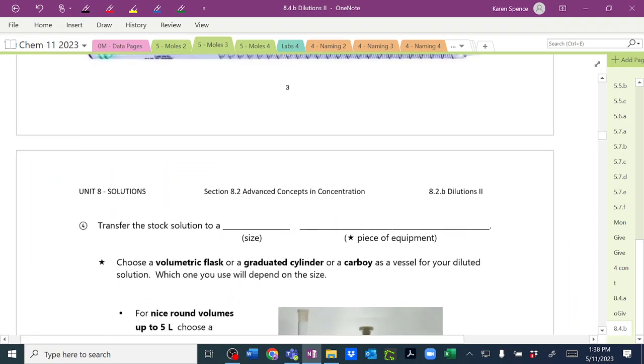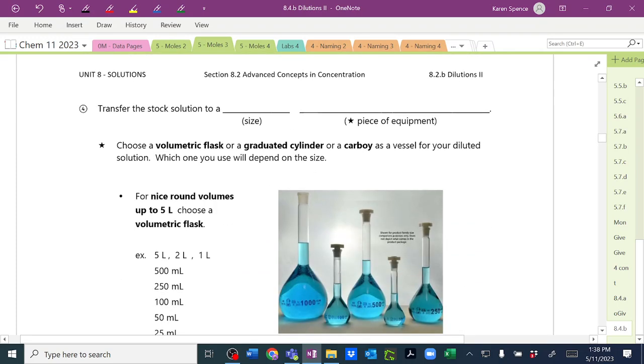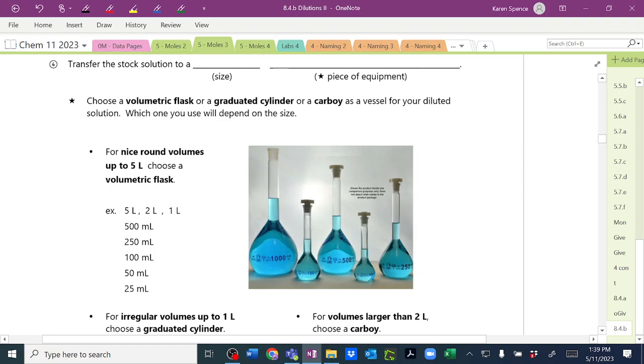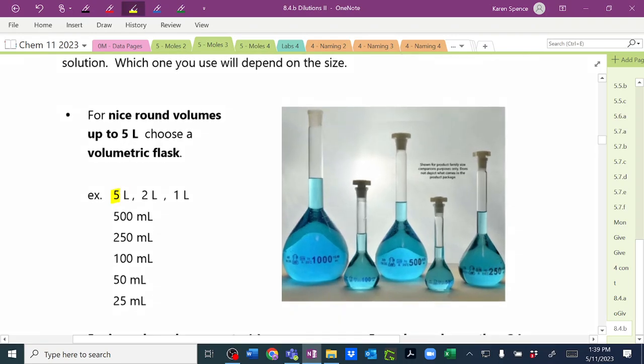Now, we're going to do the transferring step. We're going to take that 0.5 liters and put it into something for dilution. What we choose is going to depend on how much we need. If we have a nice round volume, and what are our nice round volumes? 5 liters, 2 liters, 1 liter, 500 mL, 250, 100, 50, 25.